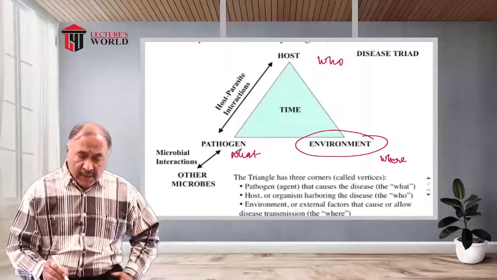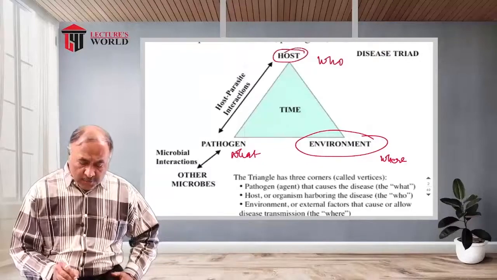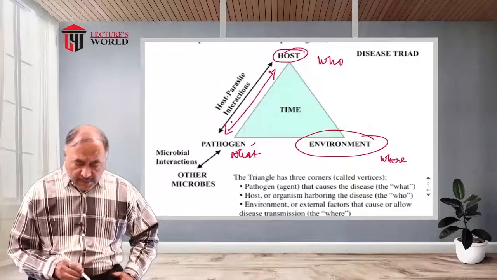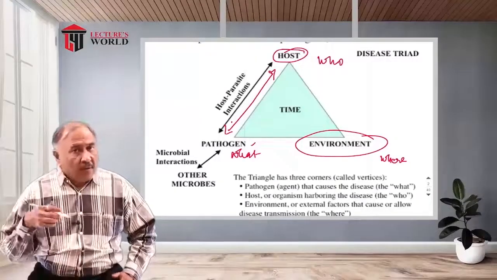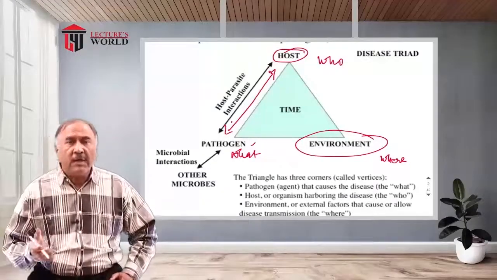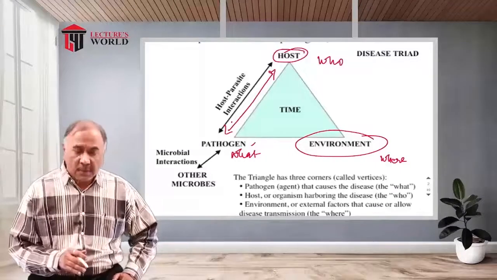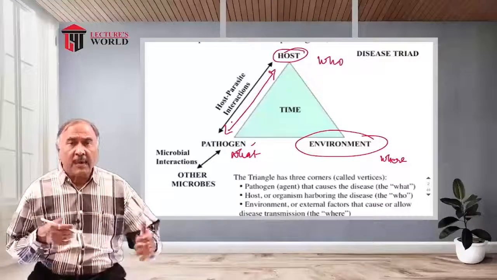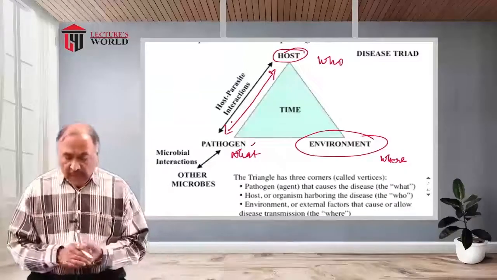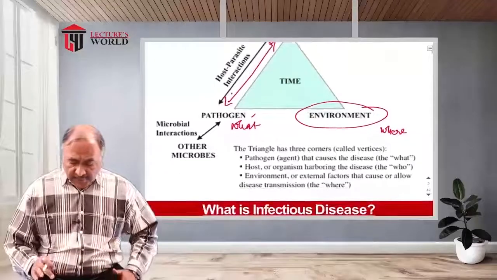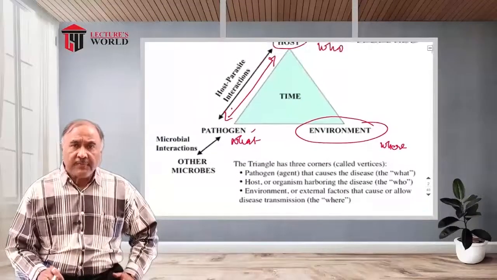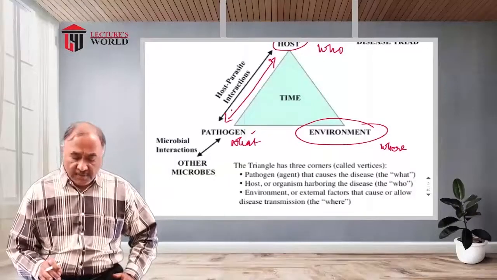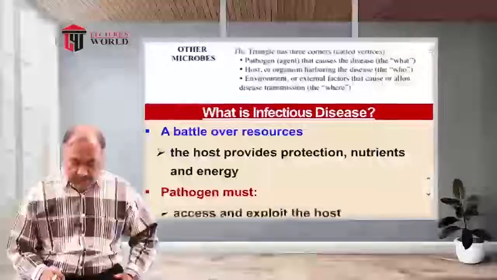Now there is a definite relationship between the host and the pathogen, and it is in both ways. Similarly, the pathogen also interacts with the other microorganisms which are present in the host, and that is microbe interactions. So this disease triad basically indicates that there is a relationship between host, pathogen and environment.